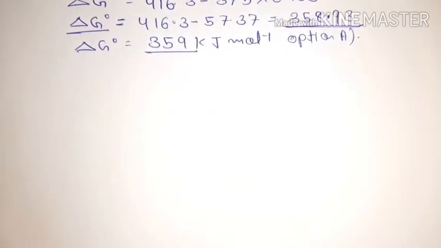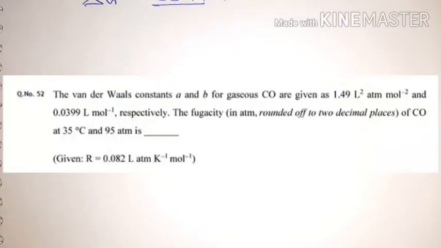Now we move towards our next question. It says the van der Waals constants a and b for gaseous carbon monoxide are given as 1.49 liter square standard atmospheric pressure per mole square and 0.0399 liter per mole respectively.